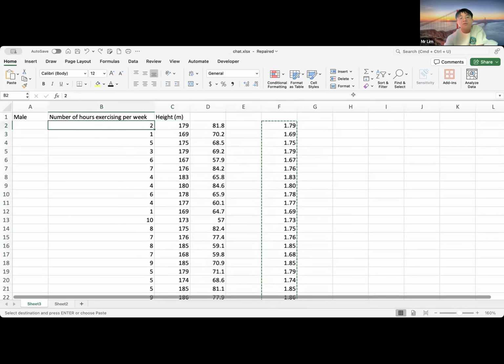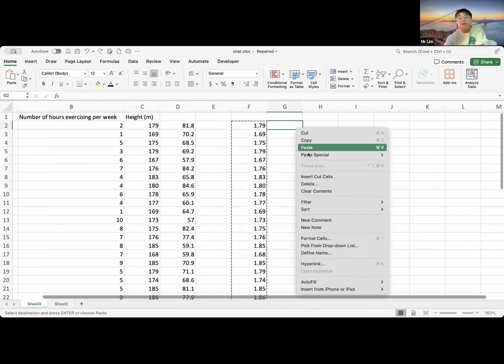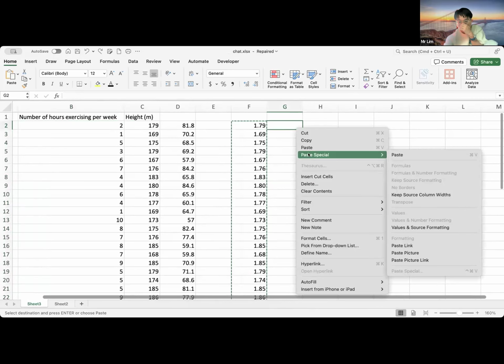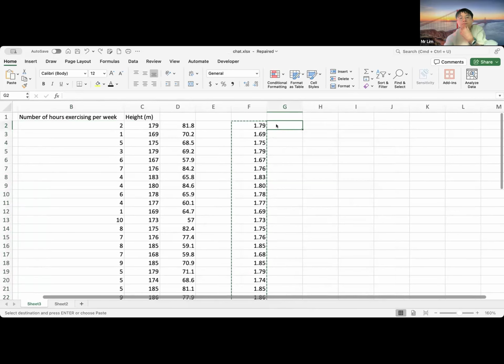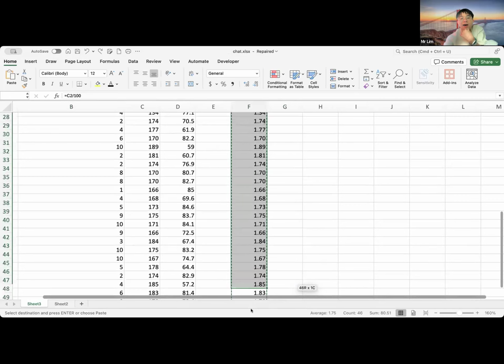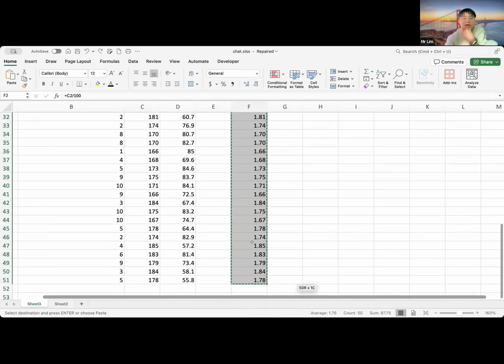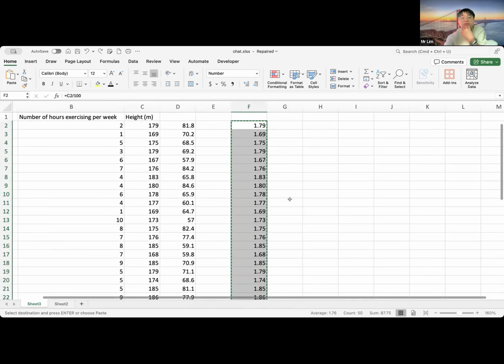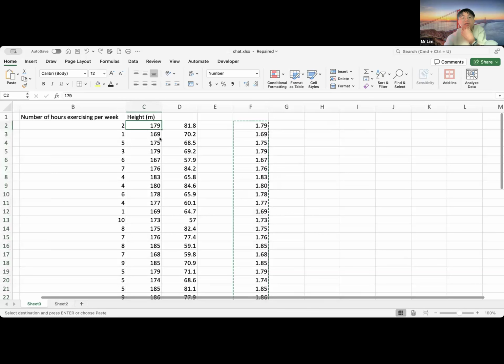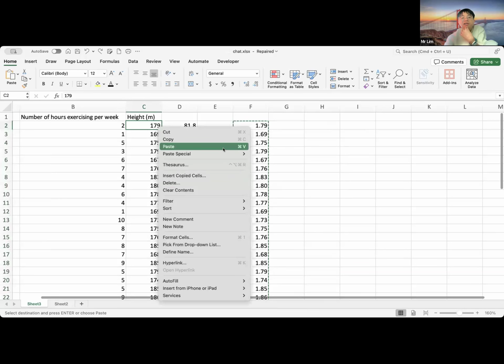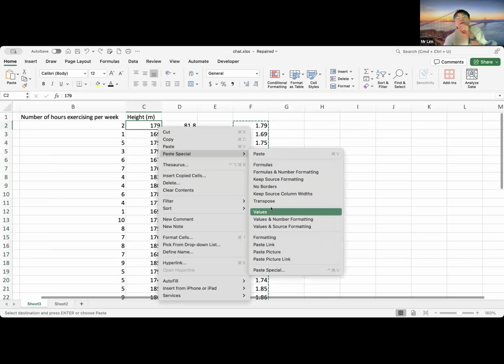Somehow I cannot paste special. Why? Okay, let me paste special it over here. Never mind. I don't think you can Control X. You just Control C and paste it. Paste special. Choose the values only. You're going to paste the values only.